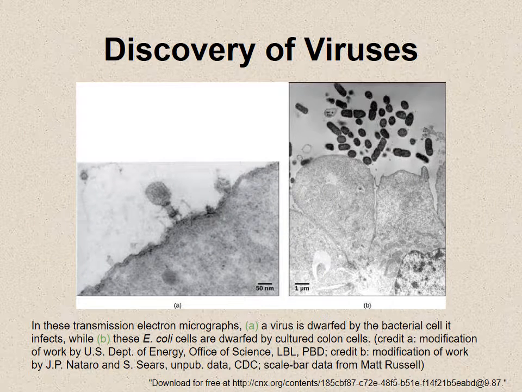Now, the discovery came, well, it's kind of interesting. This is kind of a two-part deal. So, there was this development of something called a porcelain filter, and it was called the Chamberlain-Pasteur filter. What it could do is remove all bacteria that are visible in a light microscope from a liquid sample.